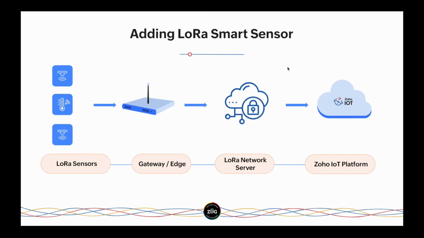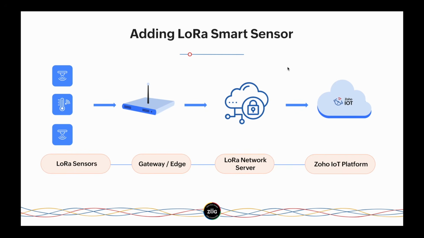The LoRa network server is the place where these LoRa nodes are authenticated, and it handles the unique IDs of these LoRa sensors. We call it the dev EUI. That is the parameter required to uniquely identify every LoRa sensor.